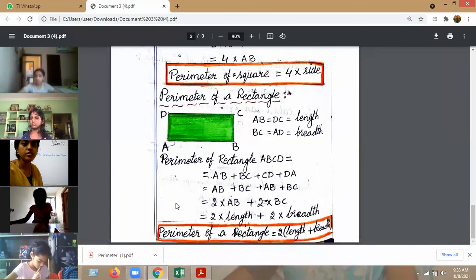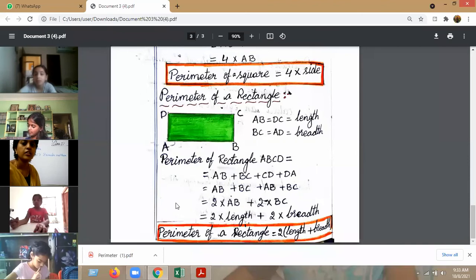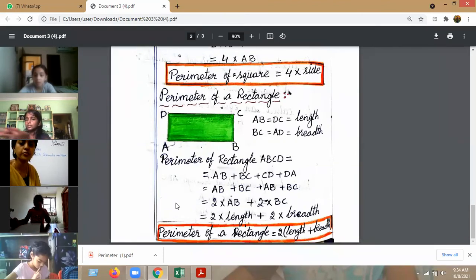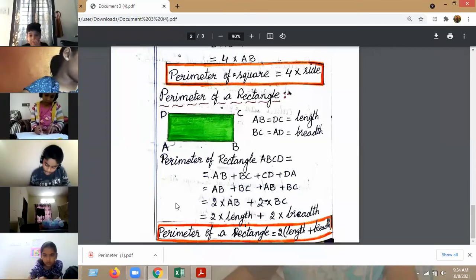Kartika, what is your doubt? Ma'am, I wrote the perimeter and area in the term 1 notebook. Okay, no problem, continue.